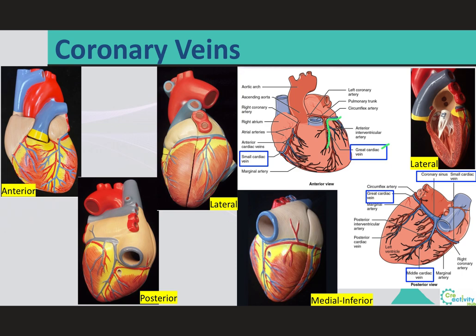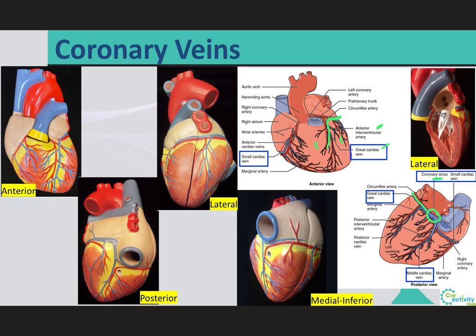It will start anteriorly between the ventricles, so it will run parallel to the anterior interventricular artery, and it will swing around and run parallel to the circumflex artery all the way to the back posteriorly, where it will meet the coronary sinus, which we can see right over here.